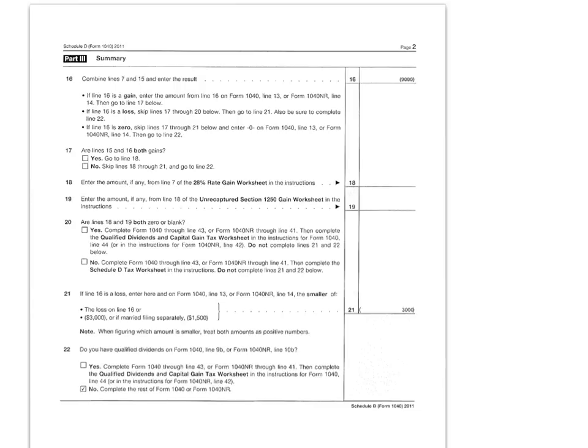Now when we go to the back side of the Schedule D, line 16 tells us to combine lines 7 and 15. Well, we had a $9,000 loss on line 7 and nothing on 15, so that yields a $9,000 loss on line 16. And then it tells us in line 16, if there's a loss, skip lines 17 through 20 and go to 21.